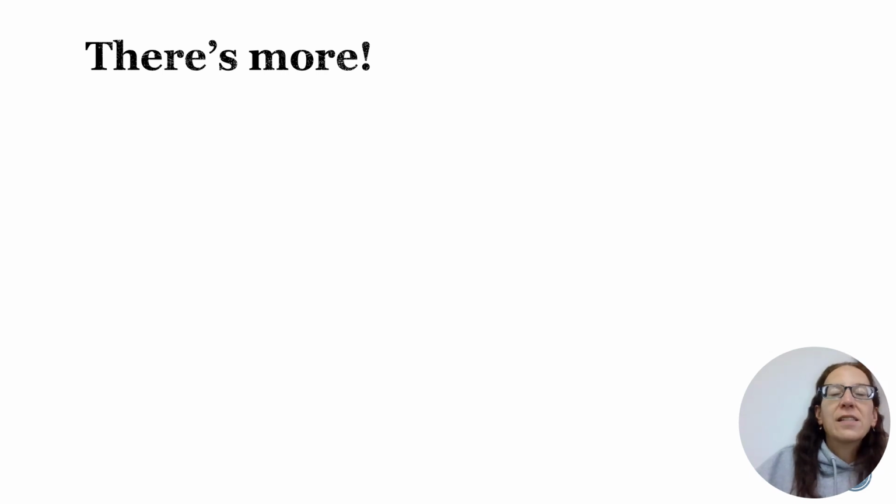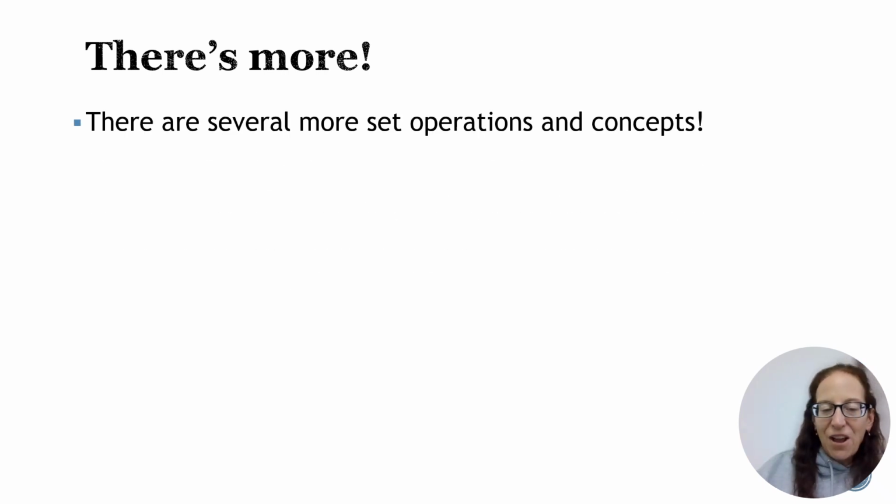Now, there is a ton more that we could do with sets. So if you kind of like this, I am going to let you know there are several more set operations. You can talk about things like the universal set and the complement of the set. You can find subsets. You can find the number of elements in a set. There's a lot of neat things you can do, and a lot of neat things you can do with Venn diagrams.